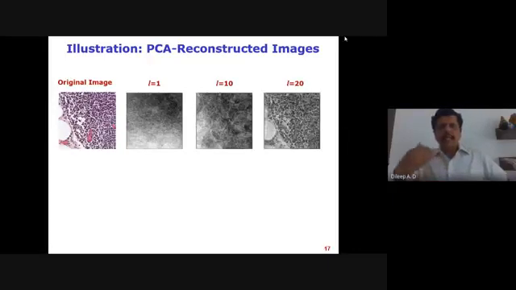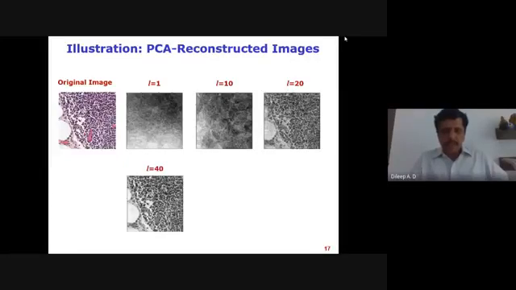Now when I increase the number of eigenvectors, you can start seeing the information content. When L is equal to 40, that means when I reduce the dimension to 40, considering the 40 leading eigenvectors, you can see that almost all the information is still preserved in the reconstructed image.